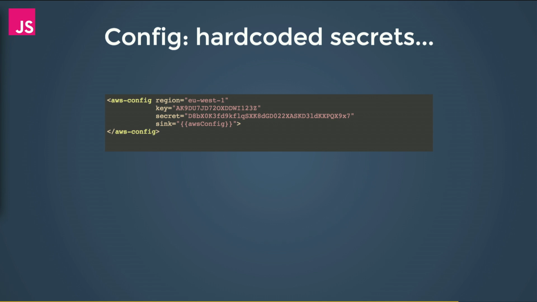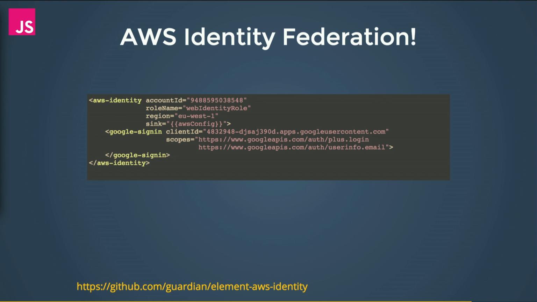But how do you do it? Because you need to authenticate with your servers. Well, what we can do is use this magical thing called the AWS Web Identity Federation. This is provided by AWS, and it lets you acquire a token with a third-party auth provider like Google, Facebook, or Amazon. Then you trade that token for a temporary set of AWS credentials that you can define permissions for.